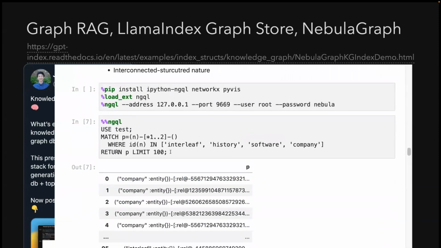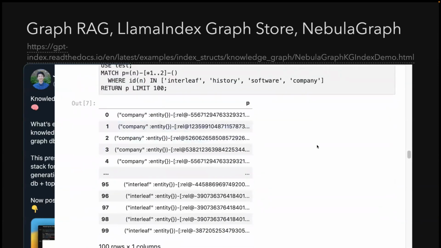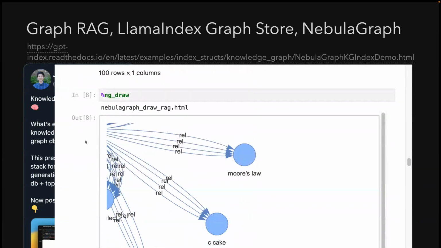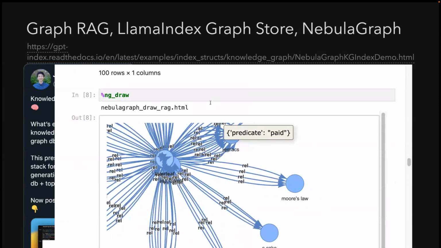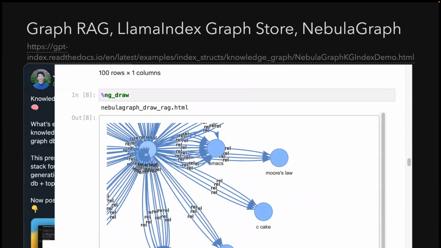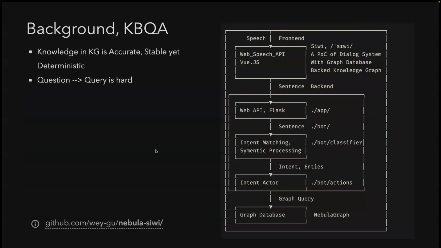We can create other things based on this knowledge graph, of course. And one of them is that we can visualize it quite easily. That's a quite interesting side effect of this work too. So as I mentioned, we want to improve something around the RAG in LlamaIndex with graph.